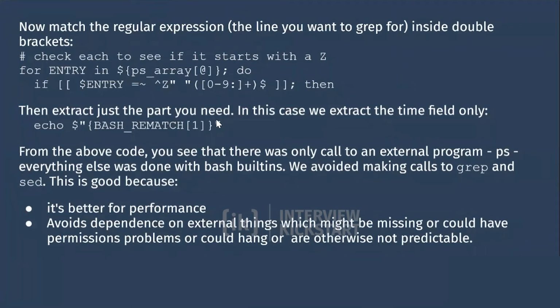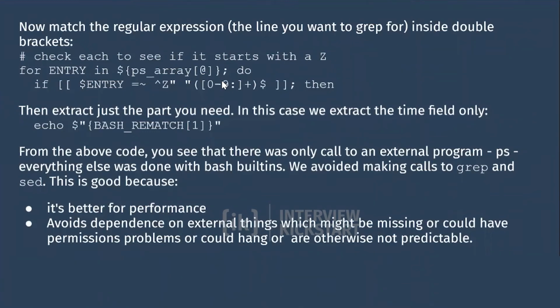And the grouping I can extract by, the BASH_REMATCH is an array where the entire array matches the whole regex, but the individual elements of the array would match any groupings I'm doing in that regex up above. So in my case, BASH_REMATCH[1] will contain just the timestamp from the previous line. Okay.